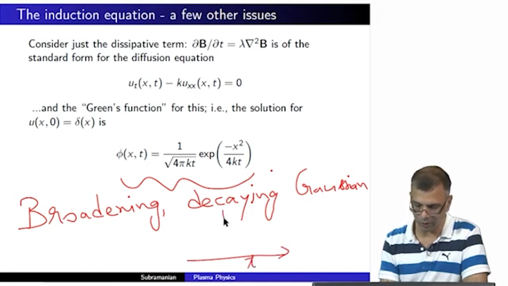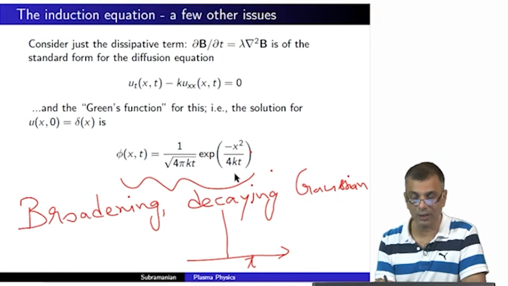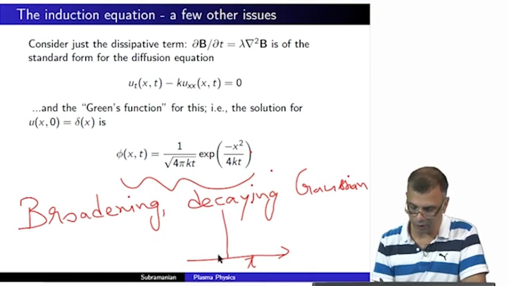You started out with a delta function like this, and with increasing time, the variance increases and the height decreases. You started out with a delta function at time t equals 0. At a later time, it would look like this.